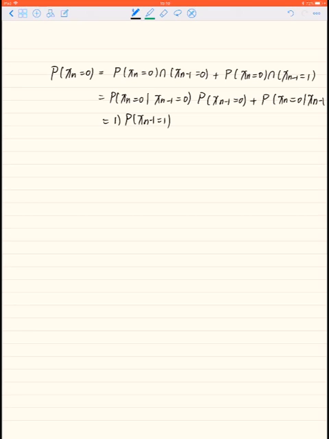Now we have figured out the equation is x equals 0.6x plus 0.3 times 1 minus x. Hence, x should be 3 divided by 7. And that's the answer to this question. That's all. Thanks.